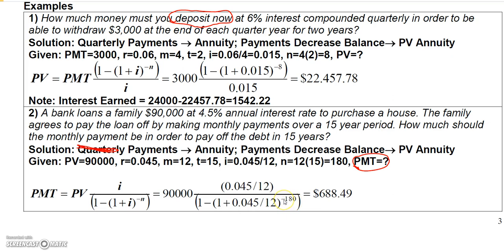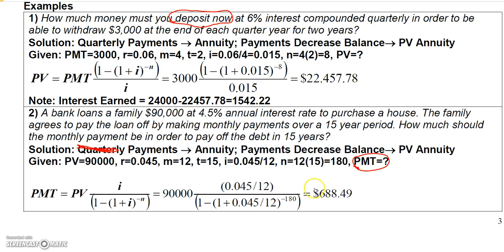Now remember, TI calculators don't let you use the subtraction key for a negative exponent. You actually have to use the negative key. So anyway, this would be I over 1 minus 1 plus I to the negative N. And you can see that your monthly payment would be $688.49.